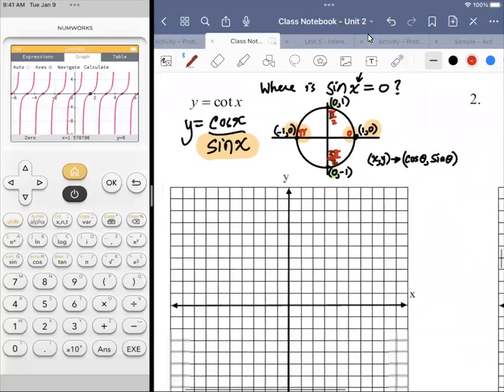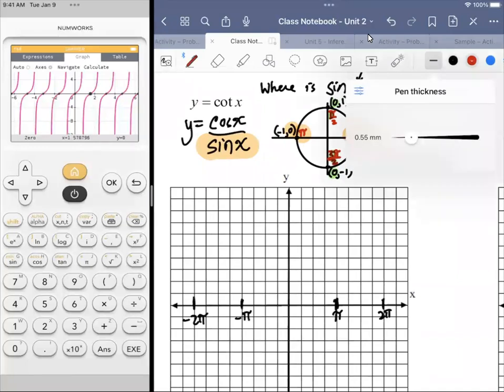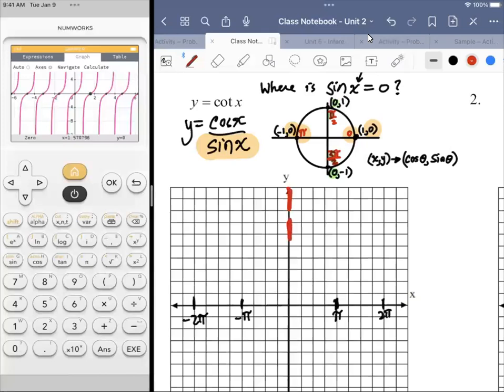So I'll set up my axes the same way I did before, putting the pi here, 1, 2, 3, 4, putting 2 pi here, 1, 2, 3, 4, negative pi, 1, 2, 3, 4, negative 2 pi. So at 0, I'm going to get a thicker pen. At 0, I'm going to have a vertical asymptote.